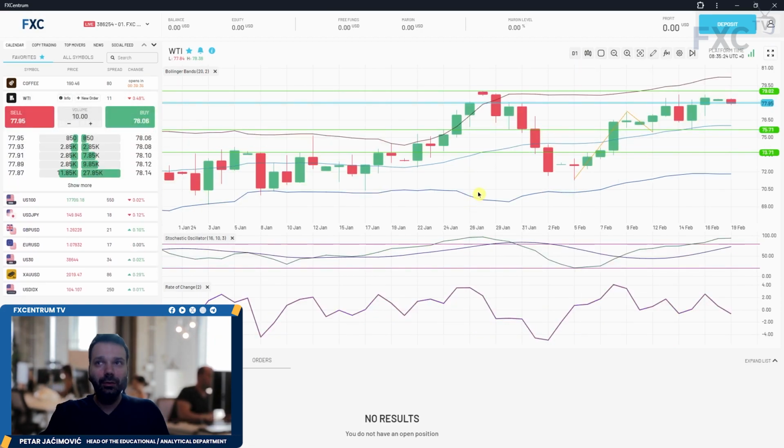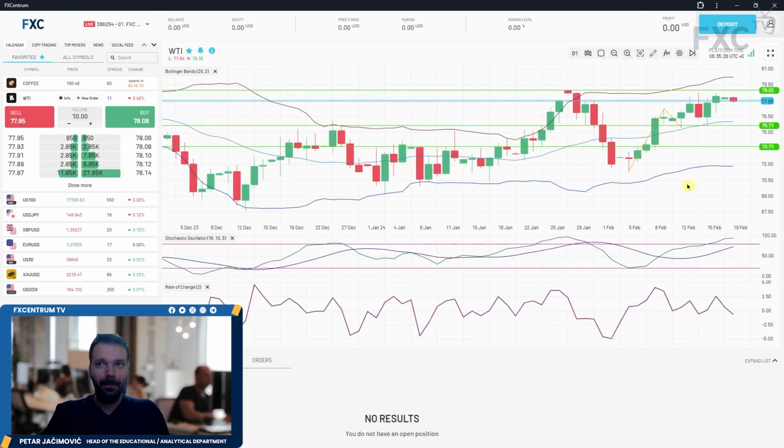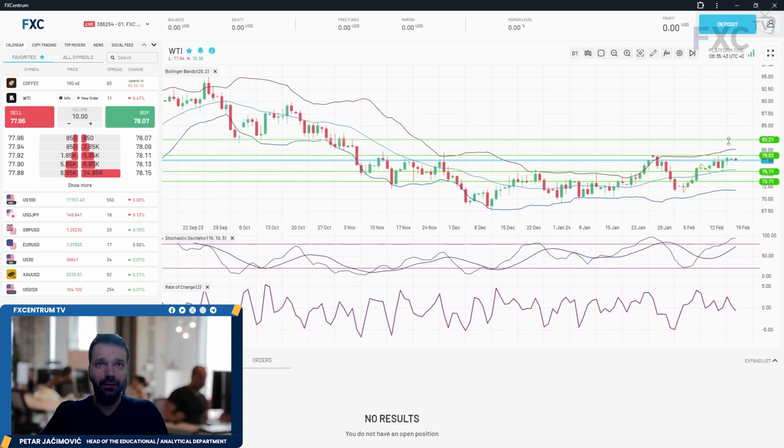And now speaking of the crude oil, what we have here is the stochastic slow and fast line are sloping upside, and we have a key resistance at 79 mark. So that is a very, very important resistance, and if the market can break this level 79, there is a chance for the higher prices even towards the 90 mark.